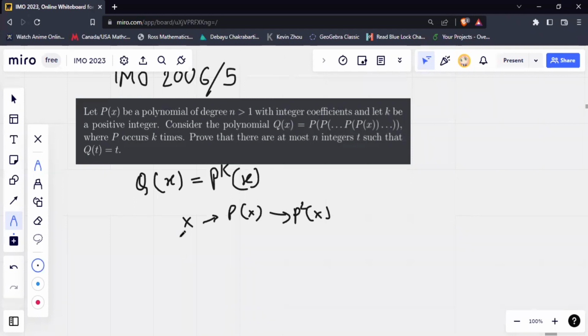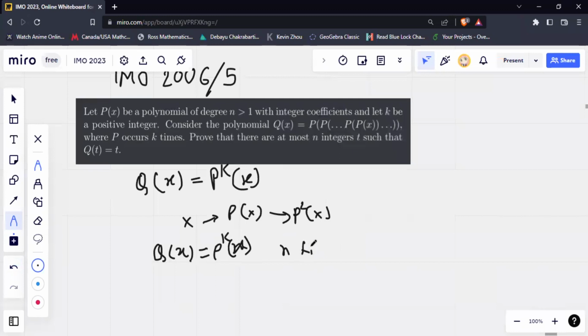Okay, so suppose by induction hypothesis we know that for this k we have only n fixed points.